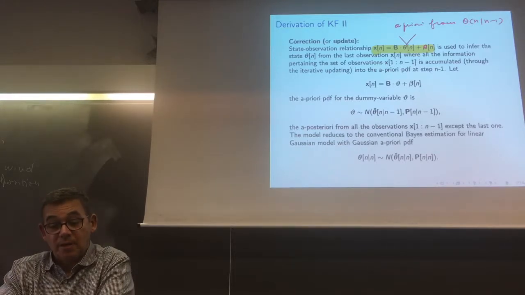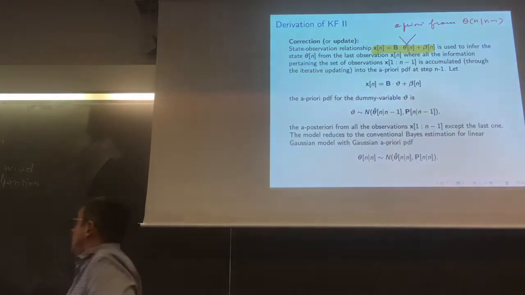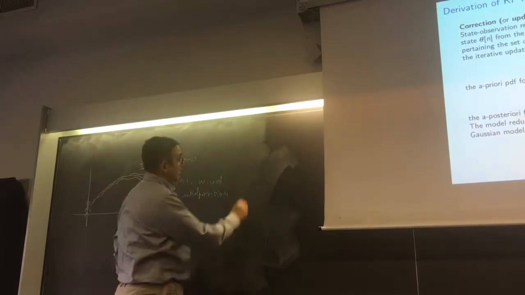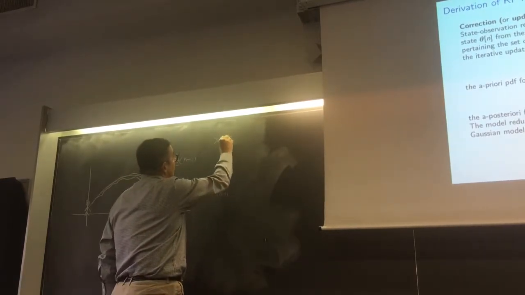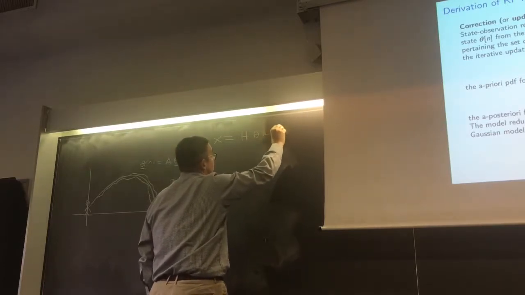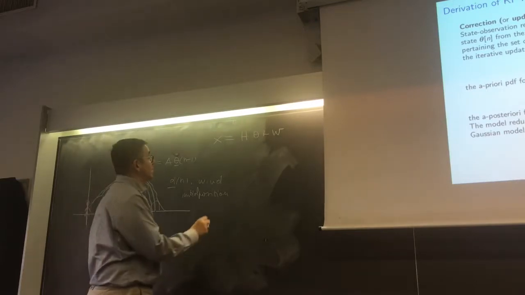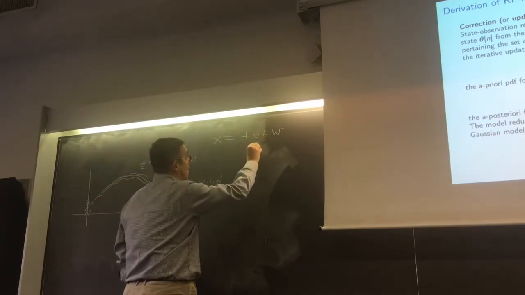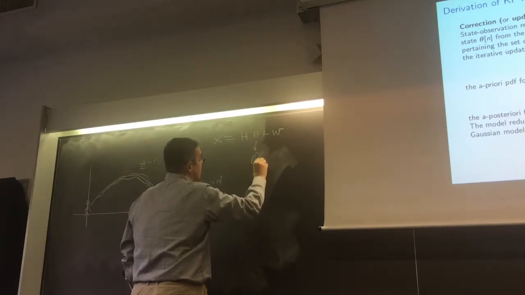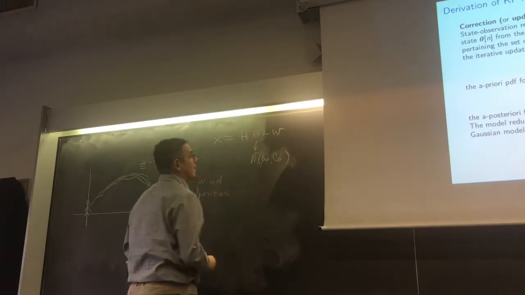Okay? Now, look with me. That model is the same as x equals h times theta plus w. And in Bayesian estimation, I said I know about theta: it has a certain mean and a certain a priori covariance.